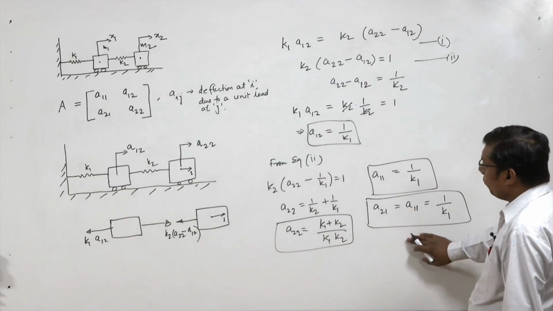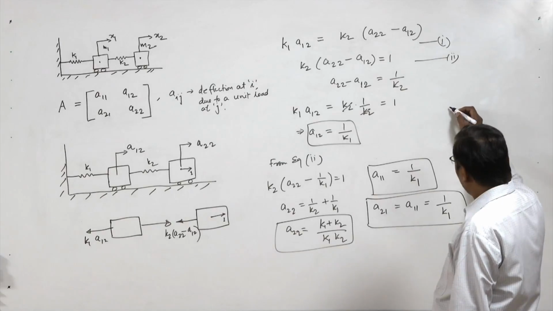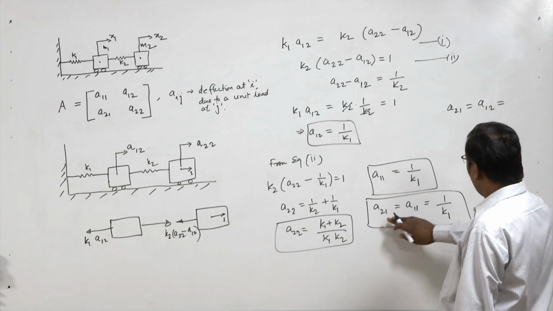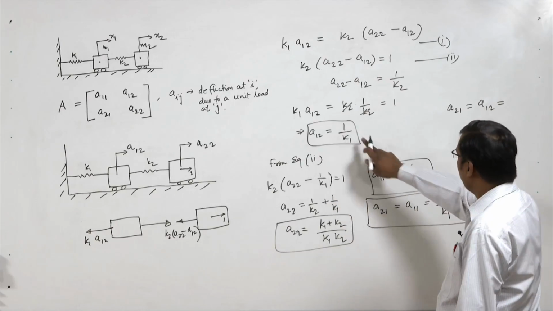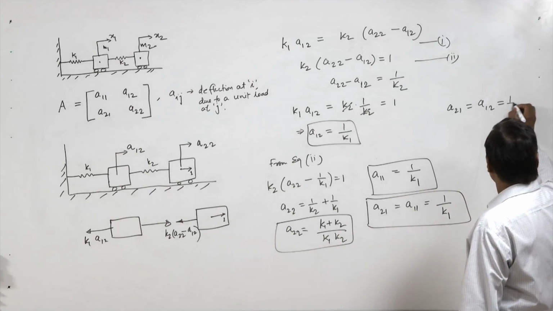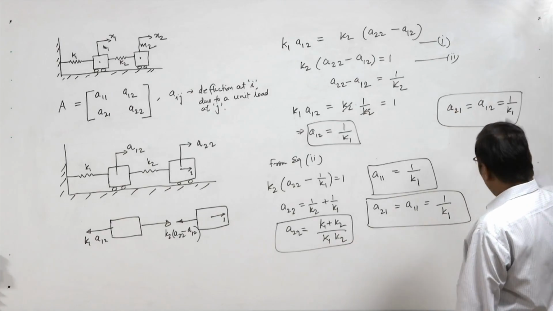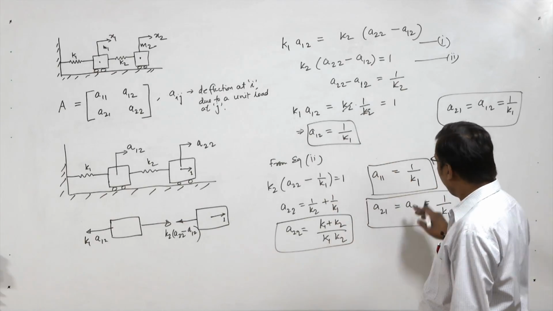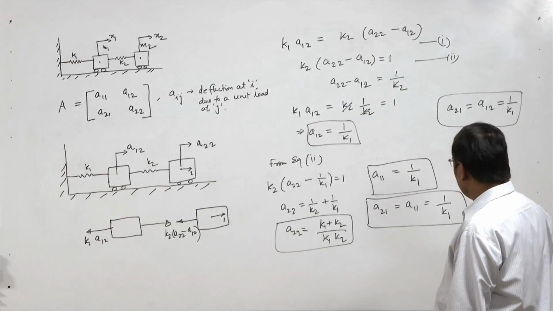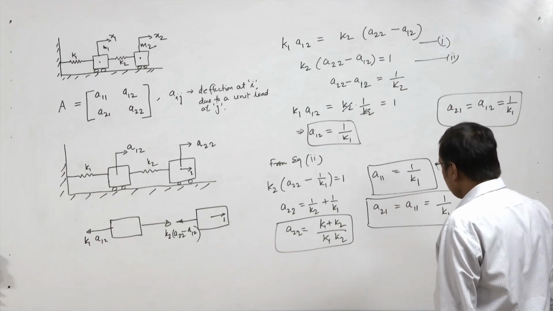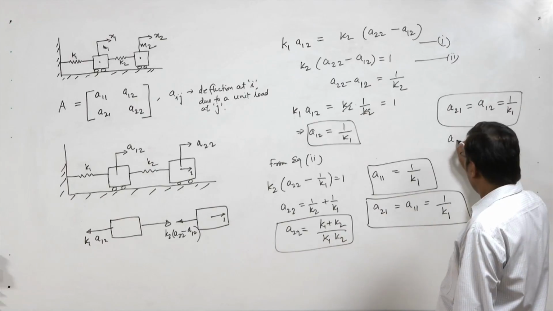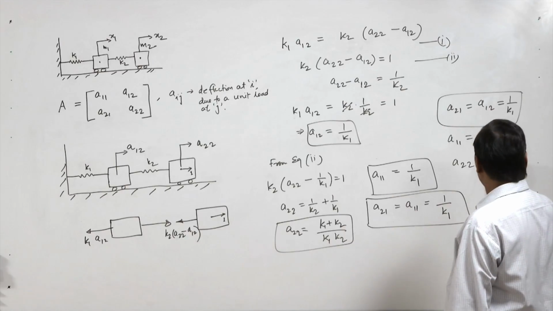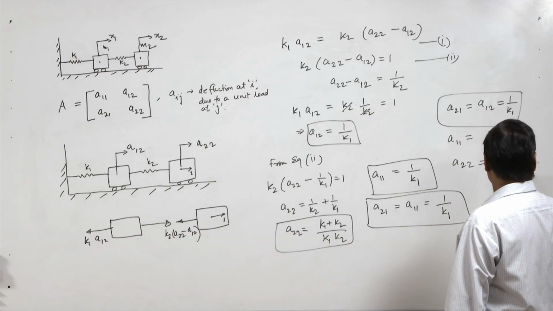We know from the reciprocal theorem that A21 equal to A12, and so we see A12 is 1 by K1 and A21 is 1 by K1. So even if we know A21, we don't need to calculate A12. We can use it as the value of A12. Here A11 equal to 1 by K1 and A22 equal to (K1 plus K2) by K1 K2.